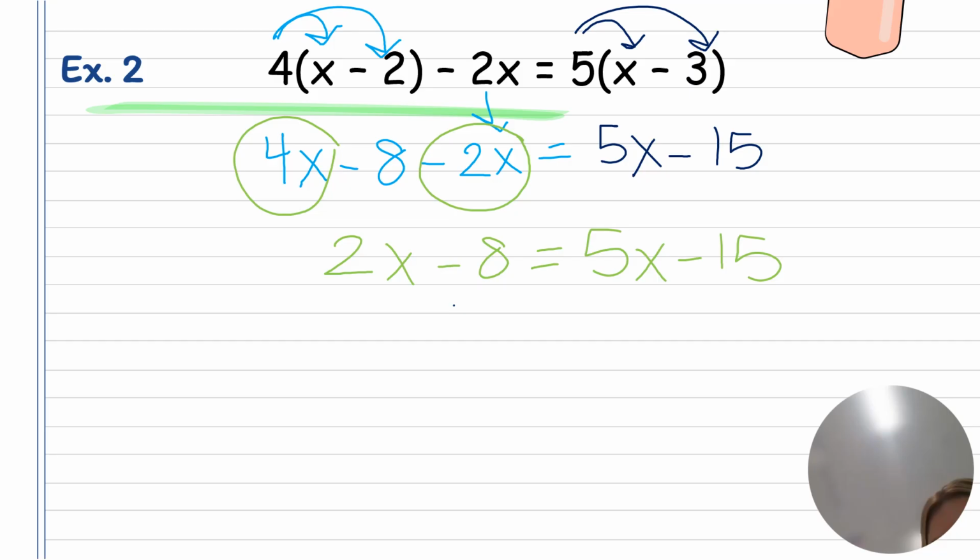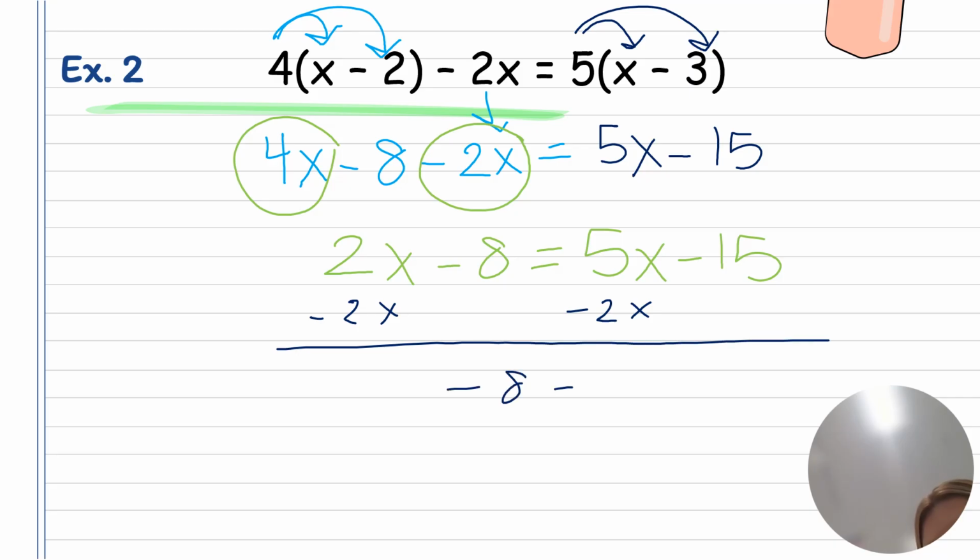We can either add this 8 over here, or we can add the 15 over. I'm going to bring over this 2x so that my x's stay positive. And I'm left with this.